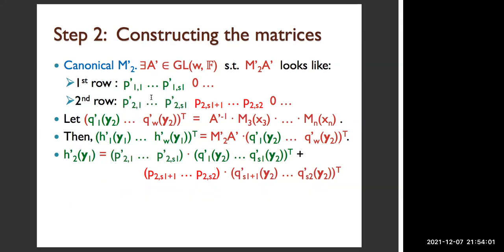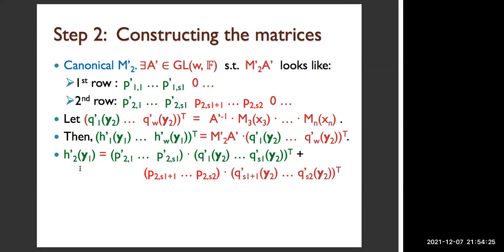Because it's not unique, the best I can do is learn them up to this linear combination. So this is known. I'm sort of abusing notation: I'm no longer changing A prime to A double prime. I can pretend it's the same A prime, and now this part is known.